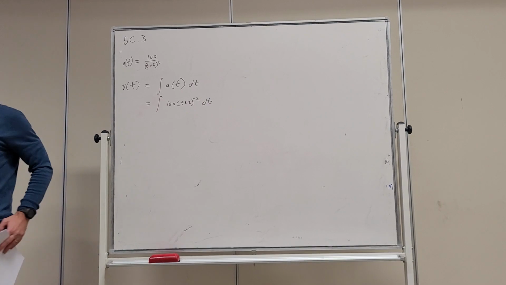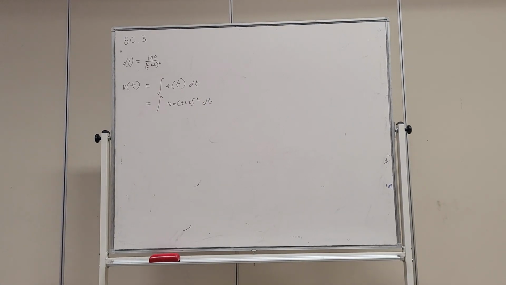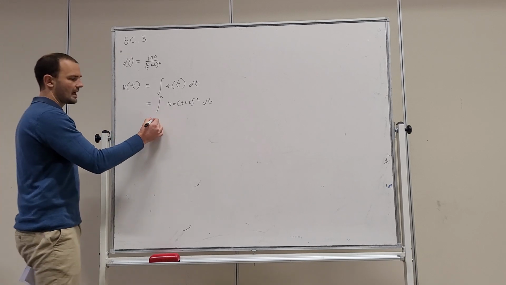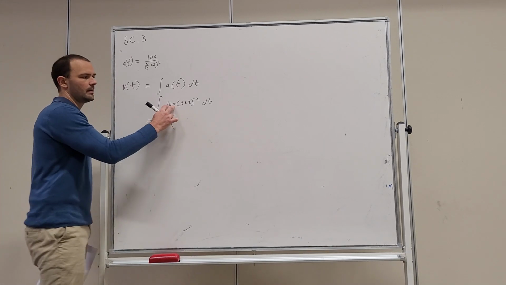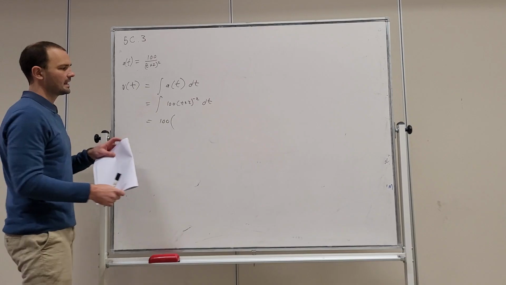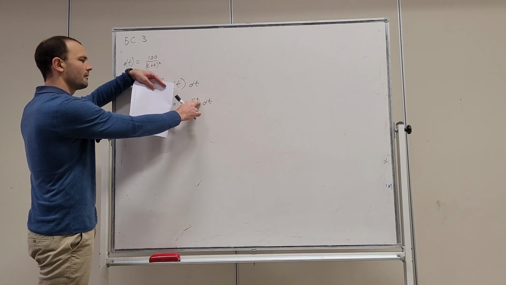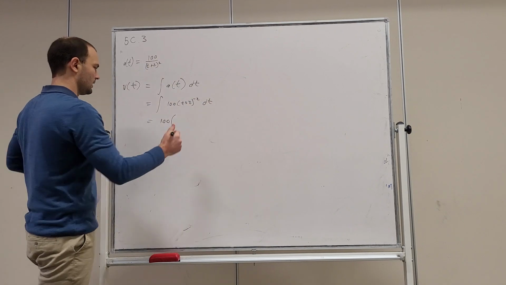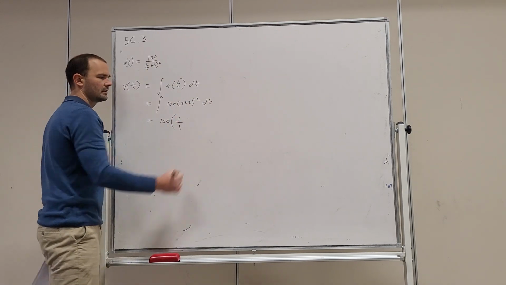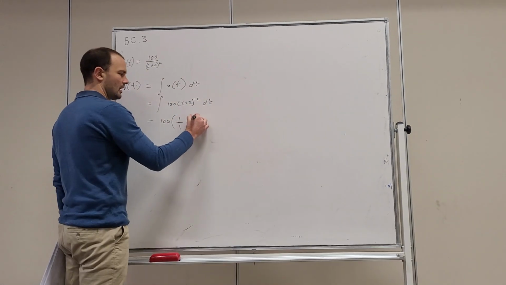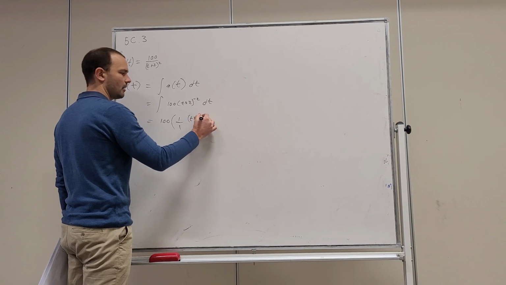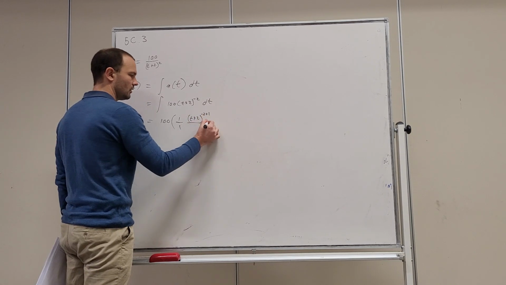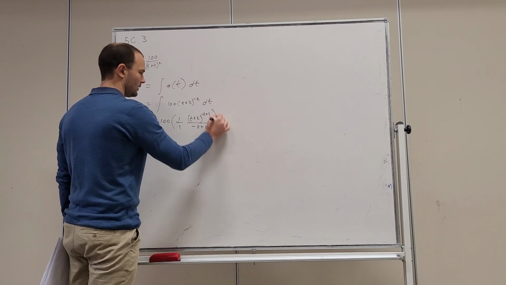And straight away, I'm expressing it at the top with the power of n. The 100 is just going to hang out the front, right? Because it's a number multiplying it. And then we have t plus 2 to the power of minus 2. So it's (ax plus b) to the power of n, so it's 1 on a, (ax plus b) to the power of n plus 1 on top of n plus 1.